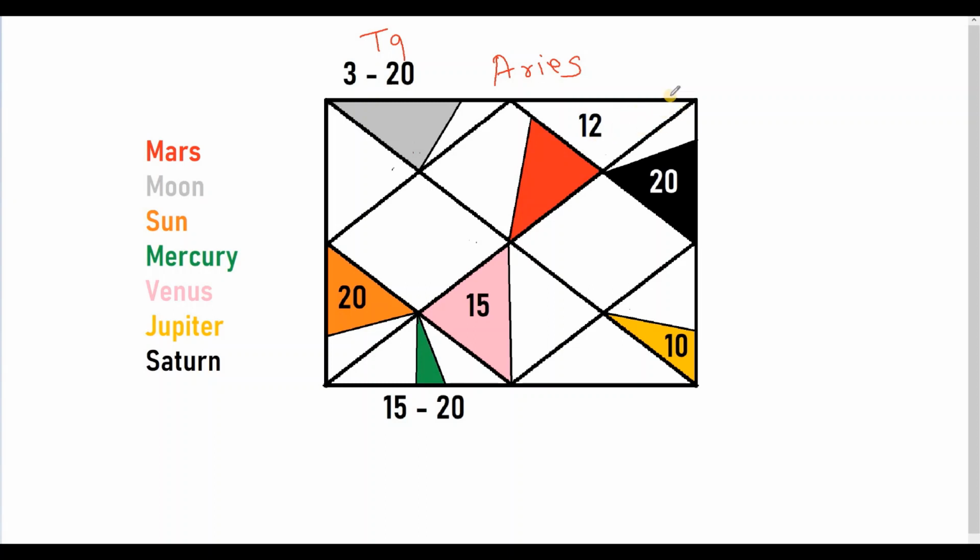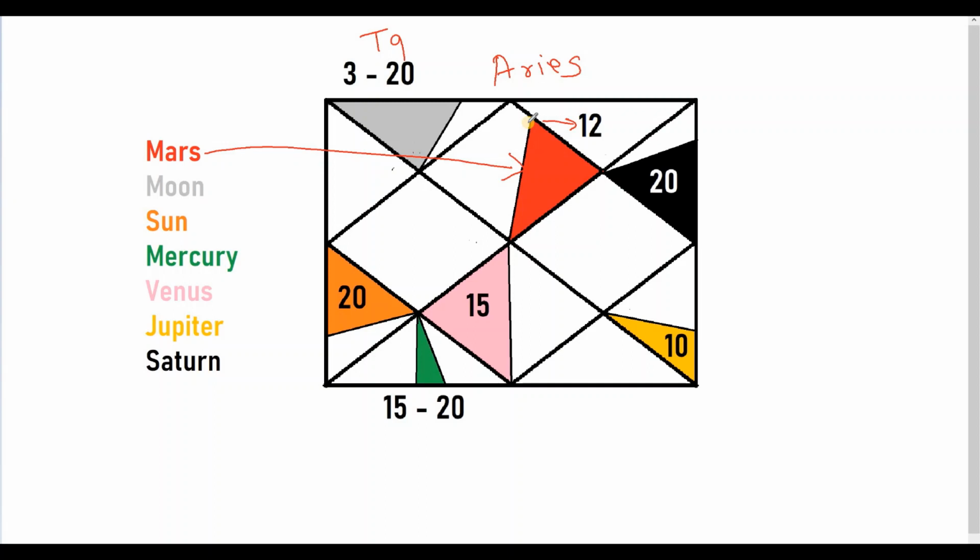Now this picture basically shows the regions or areas of the zodiac which are the Mool Trikon areas for different planets. If you see the red planet, which is Mars, that has the Mool Trikon region from 0 degree of Aries to 12 degree of Aries, not the whole sign, okay?